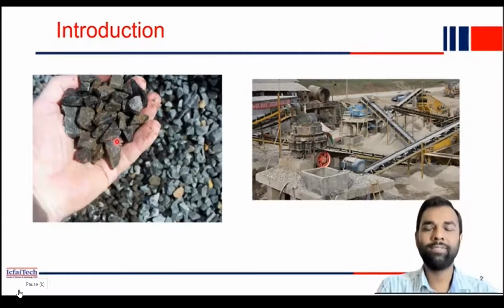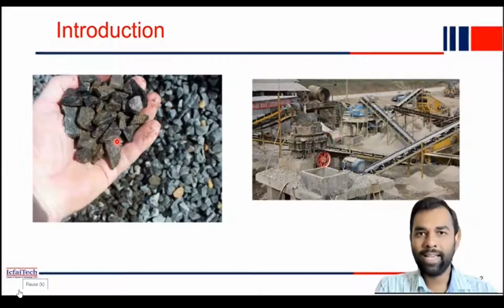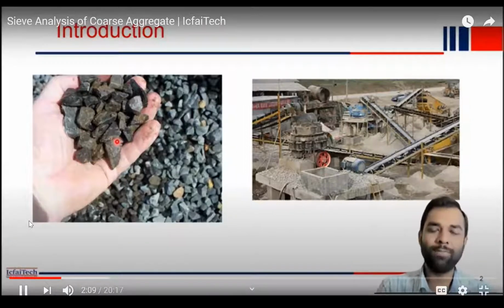Even sand also we use for the construction purpose. So sand is also a type of aggregate that we call it fine aggregate, which is fine in nature. And this aggregate is a coarse aggregate, means large in dimension. So aggregate more than 4.75 mm diameter, we call it is a coarse aggregate, and aggregate less than 4.75 mm diameter, we call it is a fine aggregate.